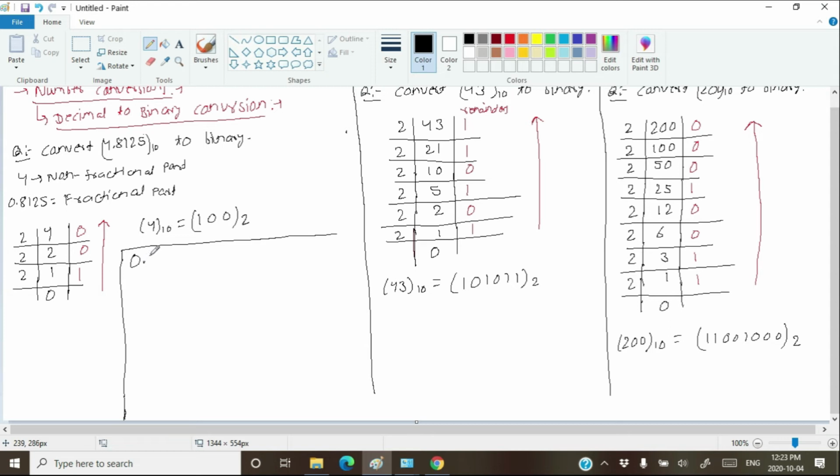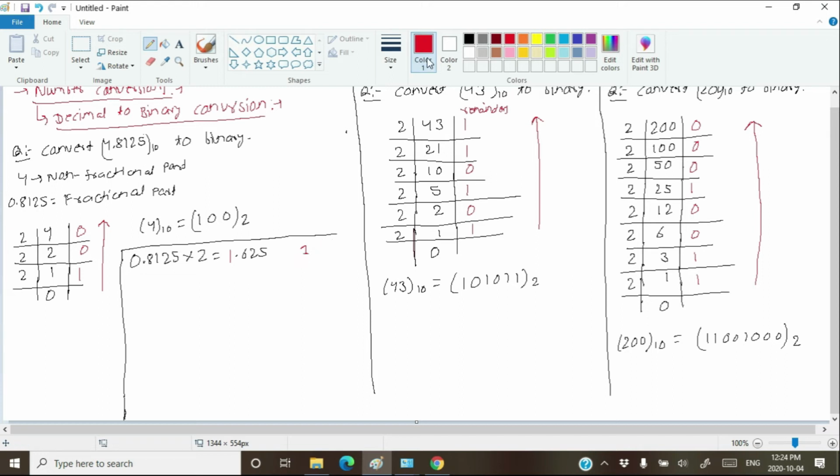So 0.8125 multiplied by 2, you will get 1.625. Okay, let me write 1 on the left side of the decimal point in red. So take this red 1, because after multiplying we got 1 as the non-fractional part. That's how we have taken 1 as our output.